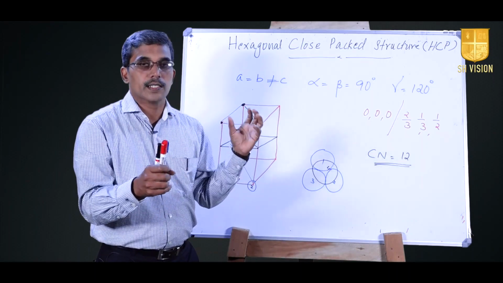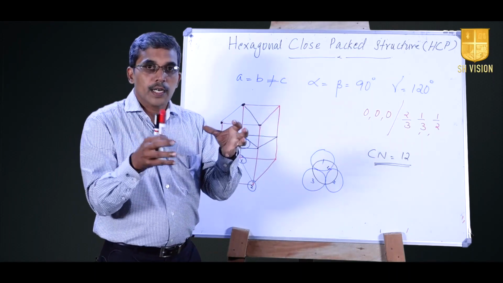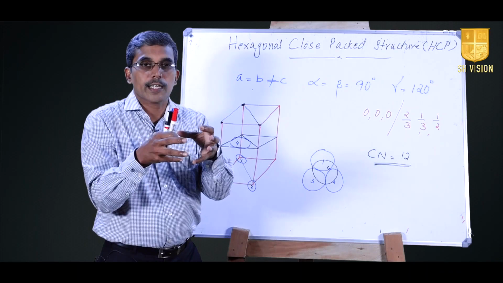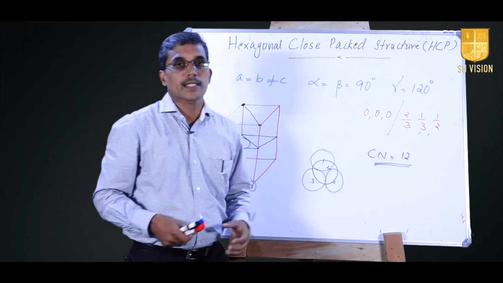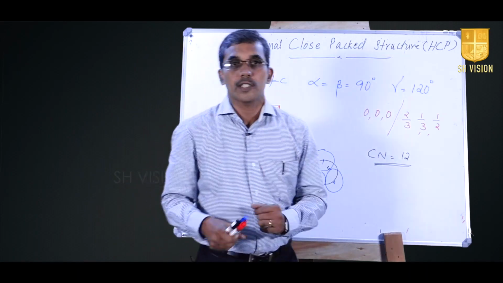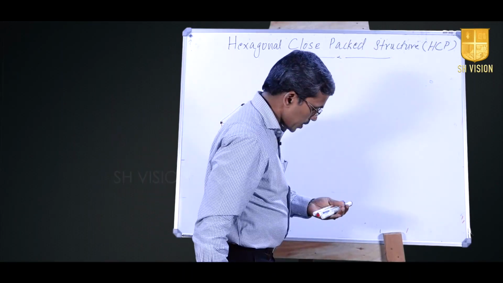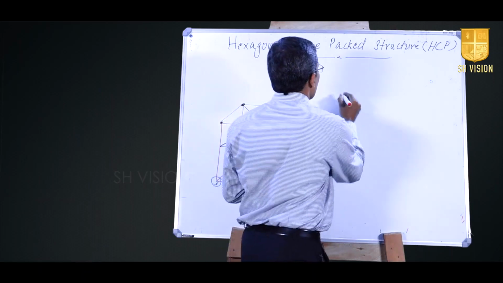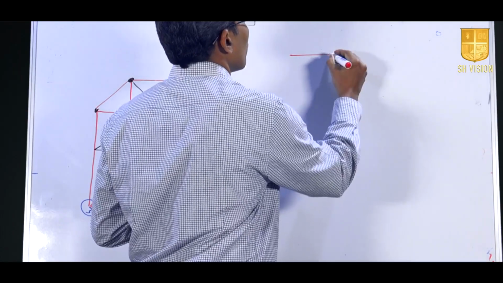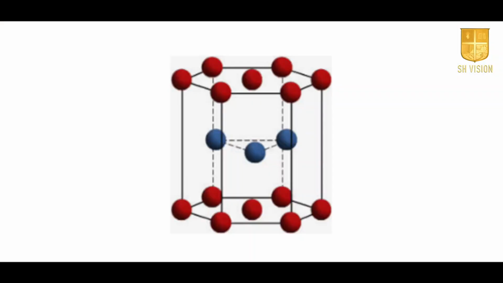3 such Bravais lattices will be clubbed or packed in a tight manner, and that gives the hexagonal close packed unit cell. In the hexagonal close packed unit cell it will have a shape of this kind.